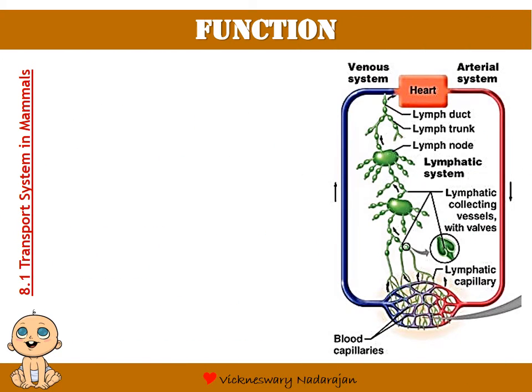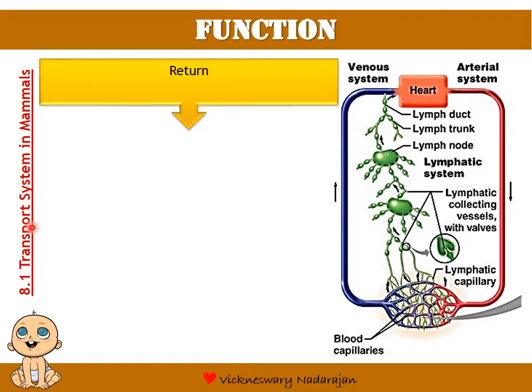So if we look at the function of the lymphatic system in relation to transport systems in mammals, it is important mainly to return that 10% of tissue fluid that was in the interstitial space back to the blood circulatory system.